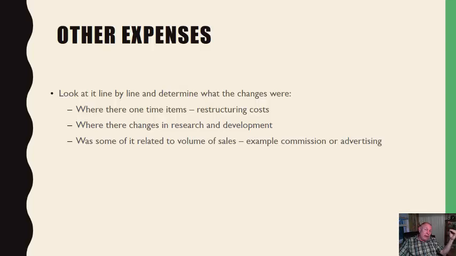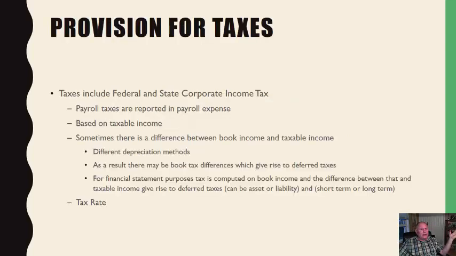So that's other expenses. The next thing we look at is provision for taxes. Taxes include federal and state corporate income tax. Payroll taxes are reported in payroll expense. Corporate income tax is based on taxable income. Sometimes there's a difference between book income and taxable income.